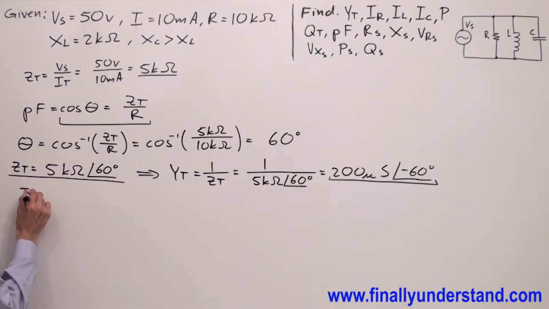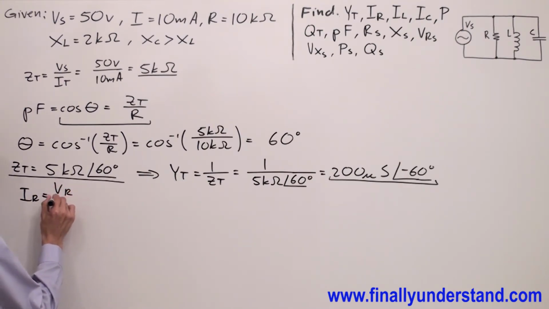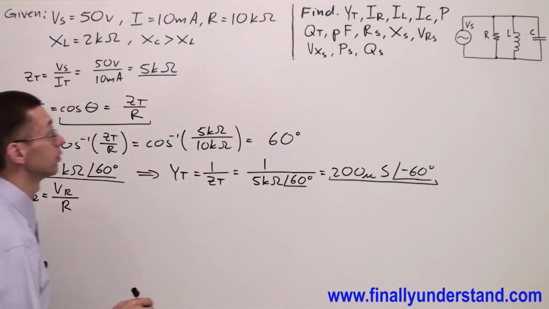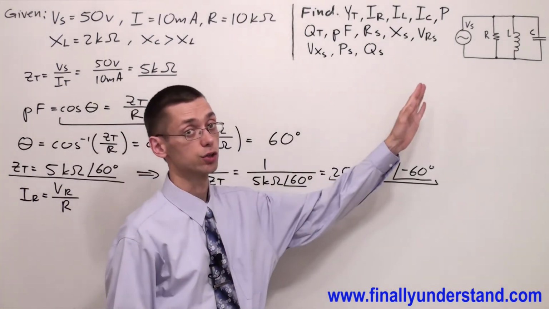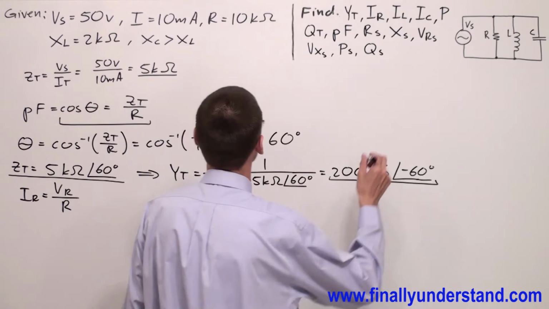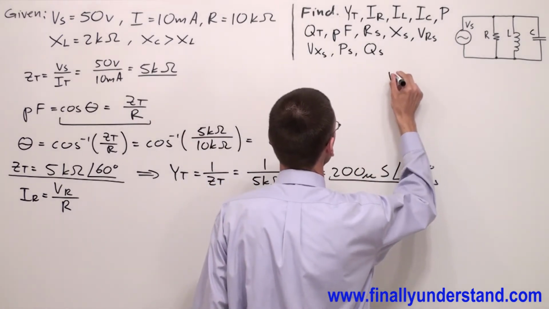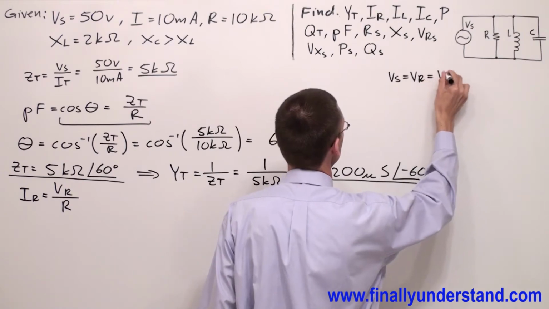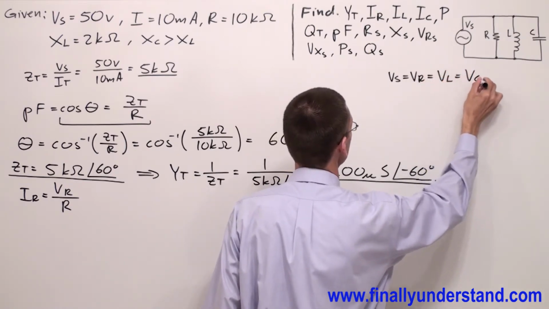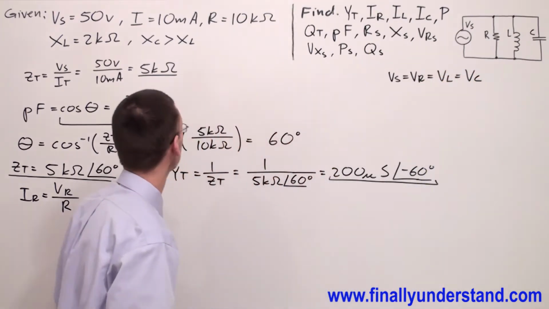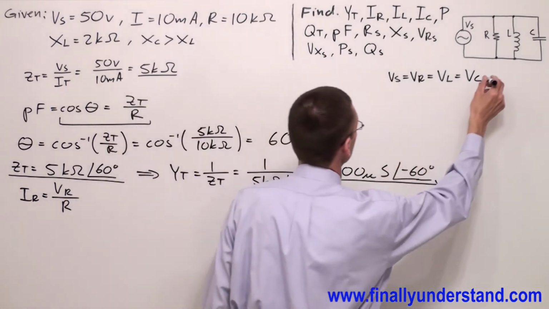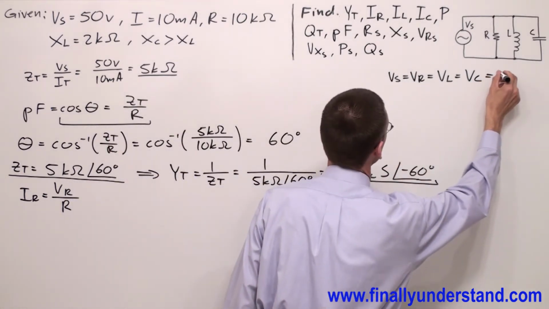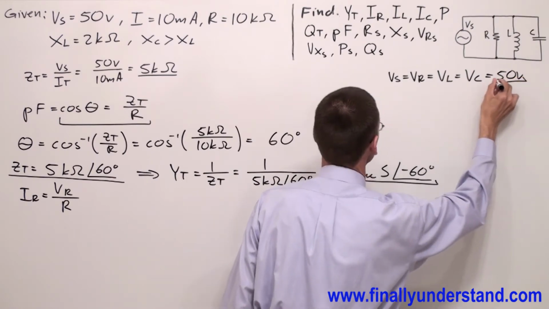IR is equal voltage across the resistor divided by resistance. Let me remind you that we are talking about the parallel circuit. So at this condition, voltage source is equal voltage across the resistor. This is equal voltage across the inductor, and this is also equal voltage across the capacitor, and this is equal 50 volts.